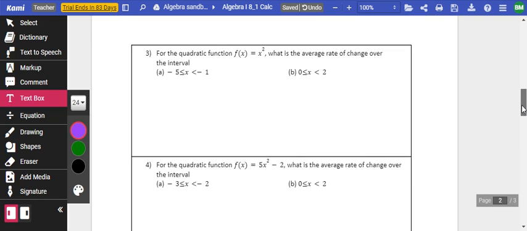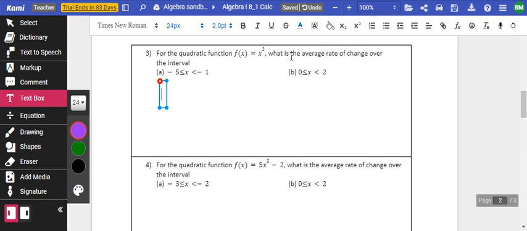Number 3, when we plug in a -5, I first have to do it with x squared. So -5 squared gives us 25.